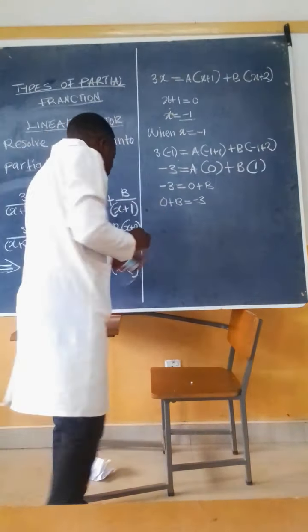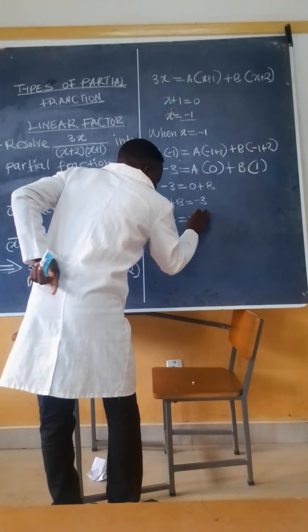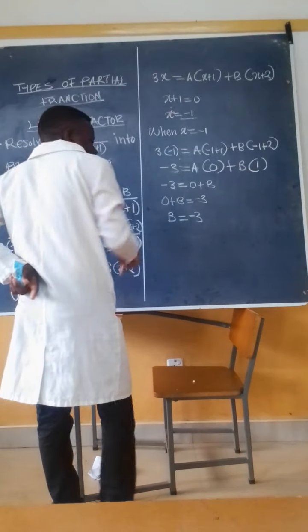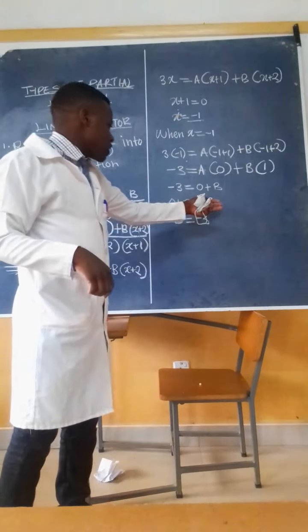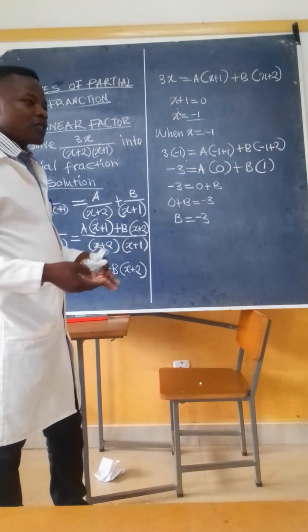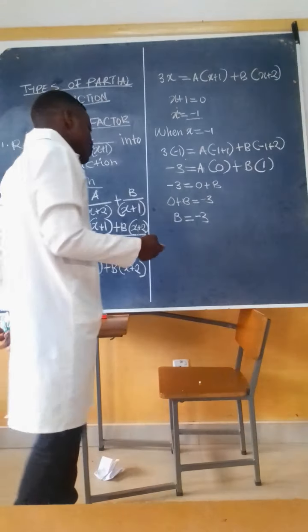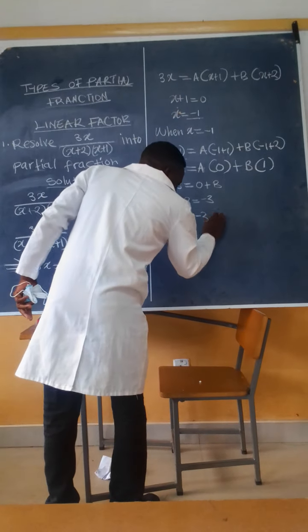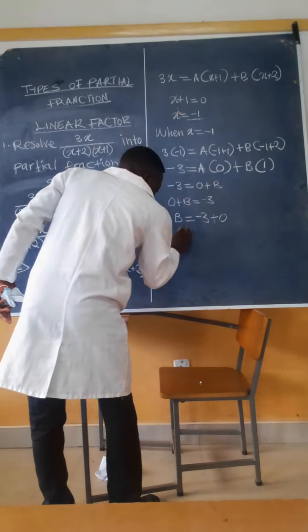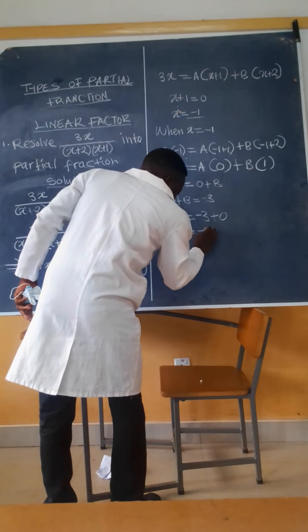We can simply write them together: b is equal to negative 3. Even if the 0 goes to the other side, it will still maintain; whether it is negative 0 or positive 0, it will still be the same. So b is equal to negative 3 plus 0. The answer is negative 3.